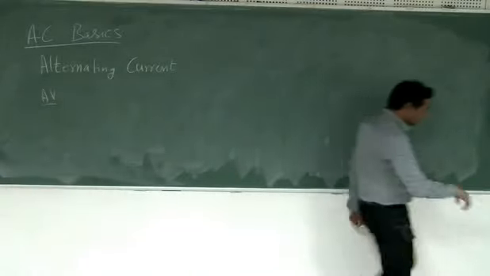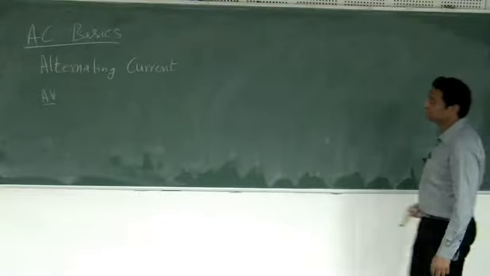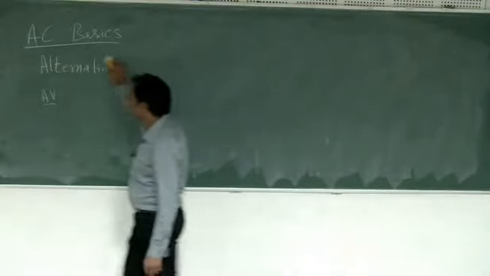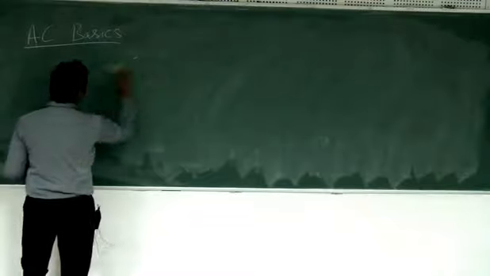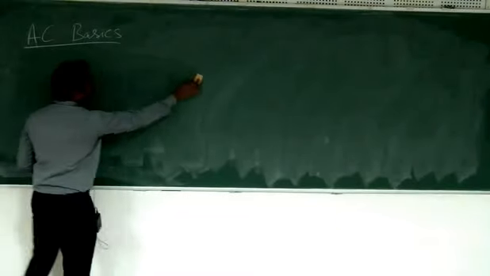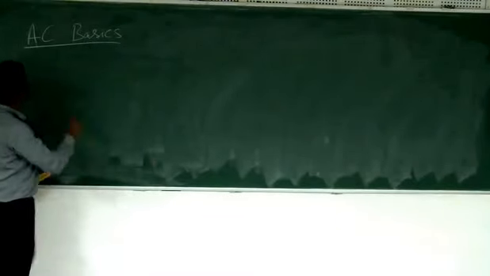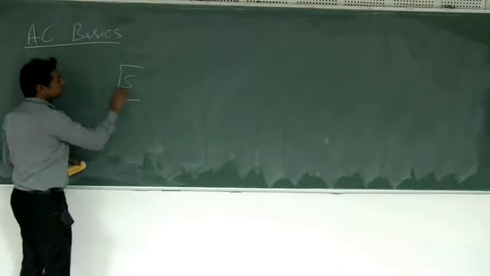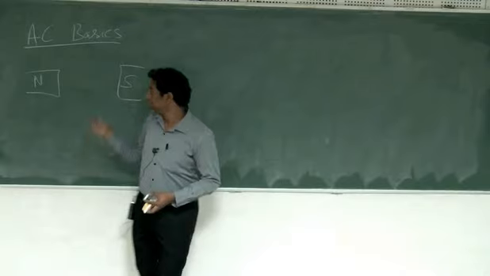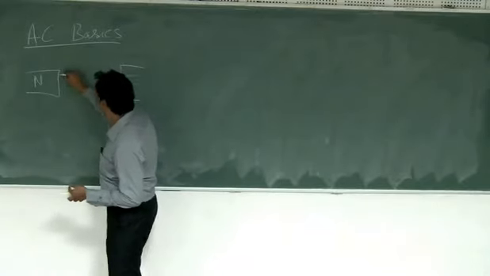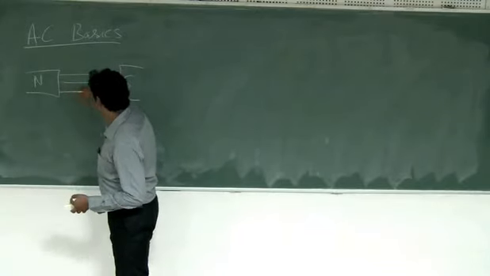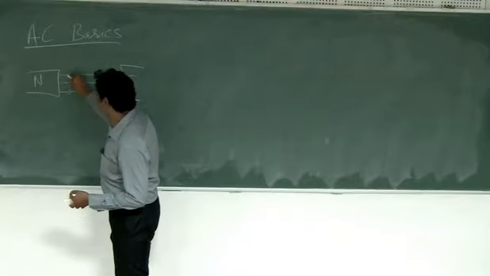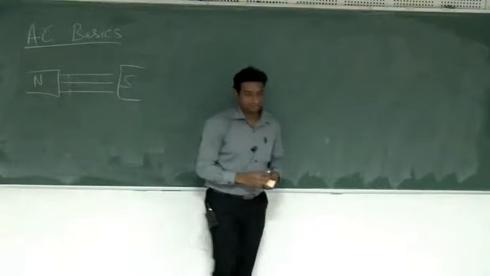First of all, how is AC generated? There is a simplest kind of system. You have a north pole and a south pole. These two magnets create a magnetic field, and these lines are the magnetic flux or magnetic field.